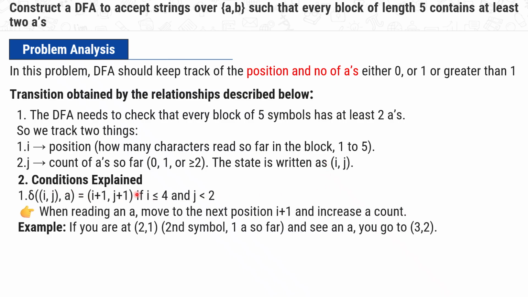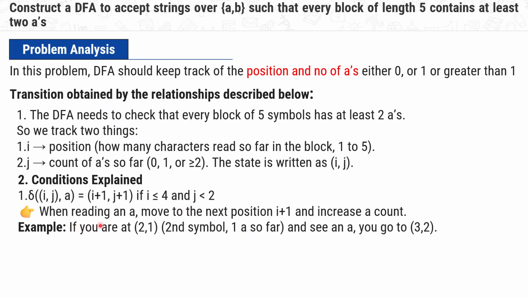The second point, with respect to this problem statement, is that I need to define the transition for each state. That means delta of I comma J, where I indicates the position and J indicates the number of A's in the block. Suppose the input is A, which moves to the next state I plus 1, J plus 1, when I is less than or equal to 4 and J is less than 2.